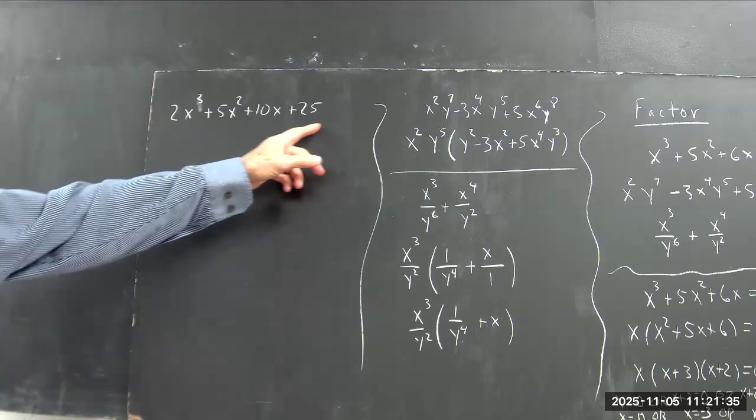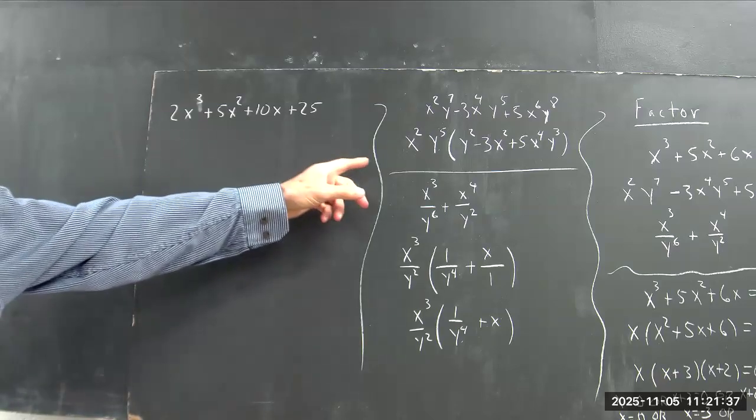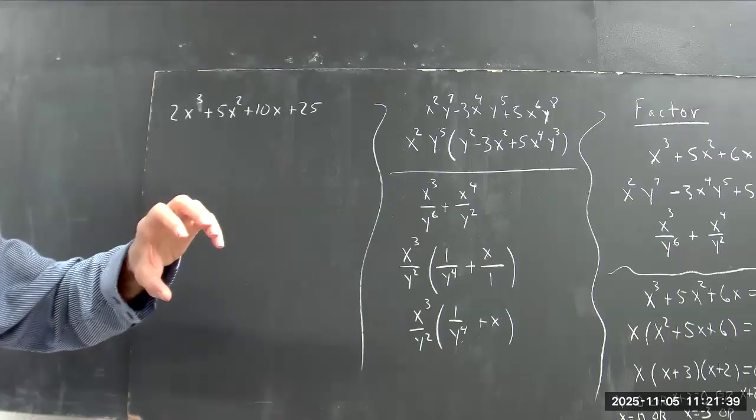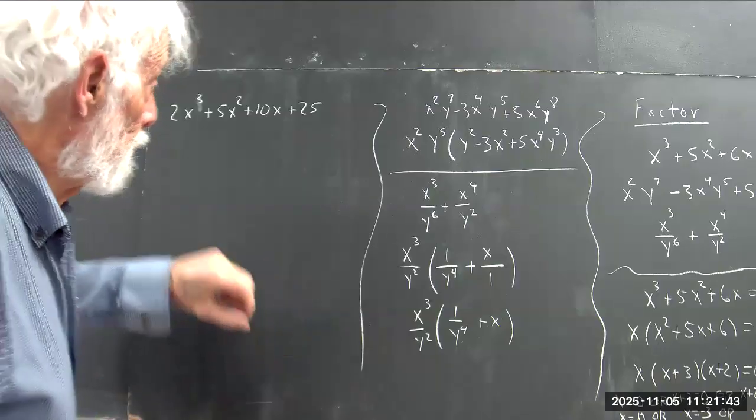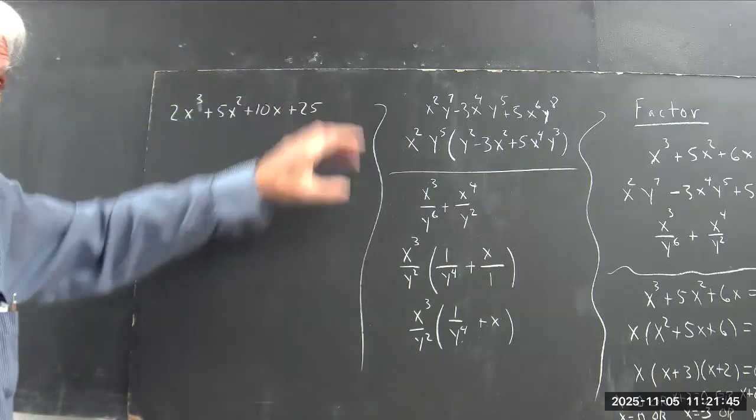Now there's no monomial that you can factor out of this. There's not one single term as there would be here or here or over there. It'll divide into every one of these.